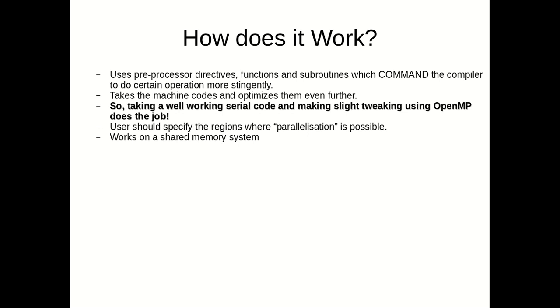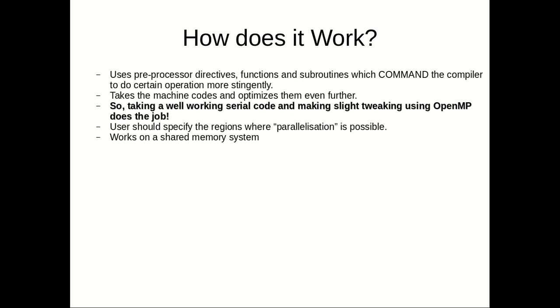But here these preprocessed directives, functions and subroutines actually command the compiler to do certain operations as per their wish. So the compiler gets commands telling it, hey, do this and do that. As a consequence, the machine code that gets generated due to their influence is a little more optimized and has flexibility that makes it possible to run the code on multiple processors.